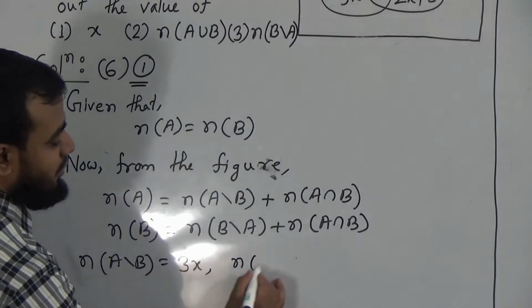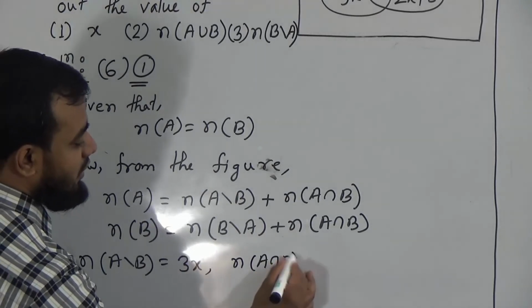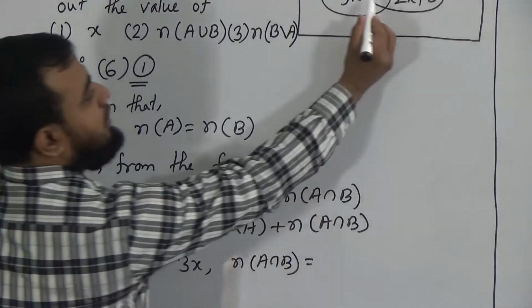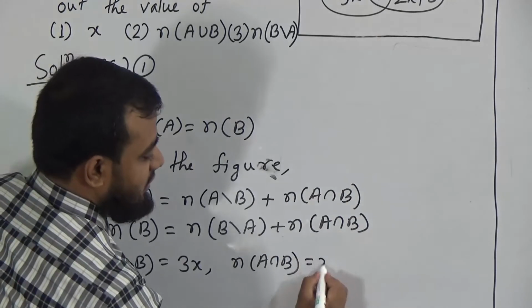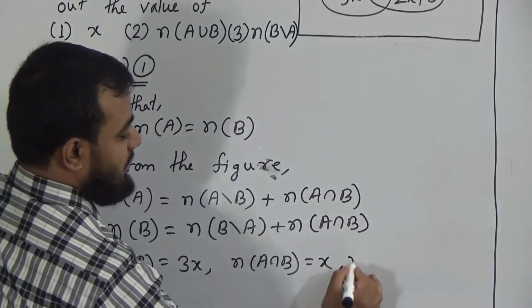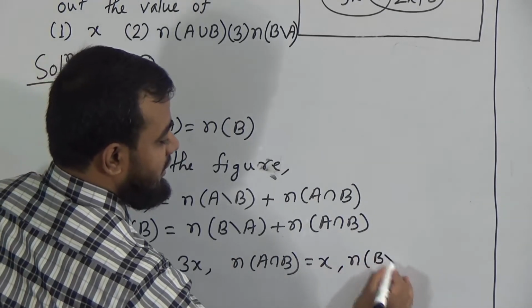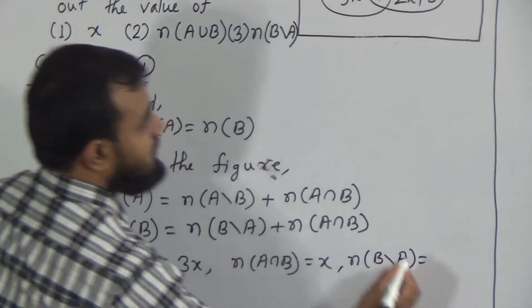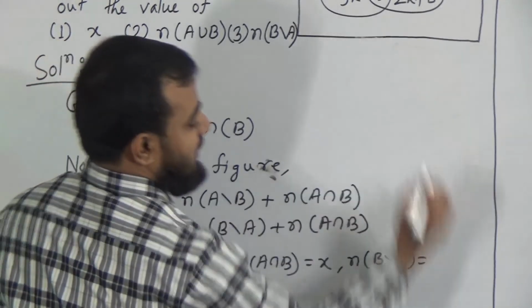And the number of elements of A intersection B is equal to this portion, that means X. And my dear students, the number of elements of B delete A equals twice X plus 8.